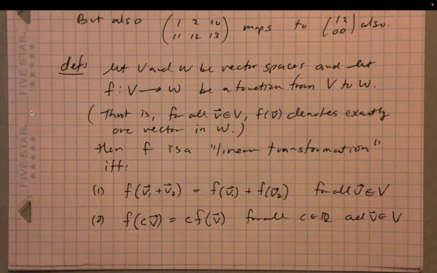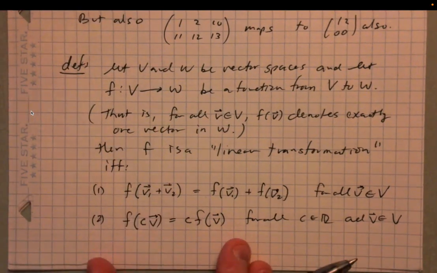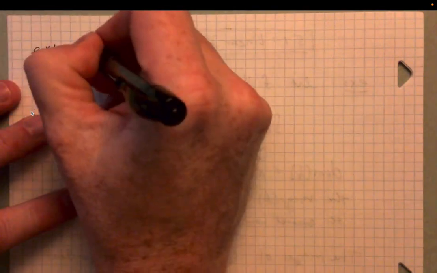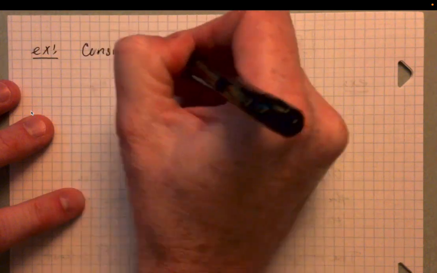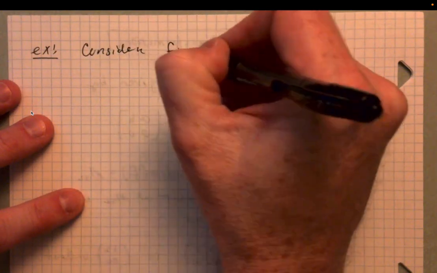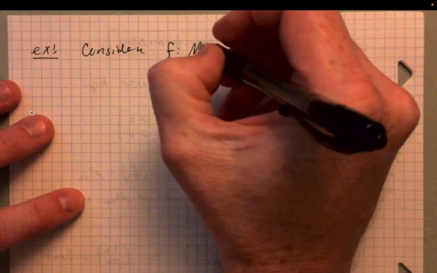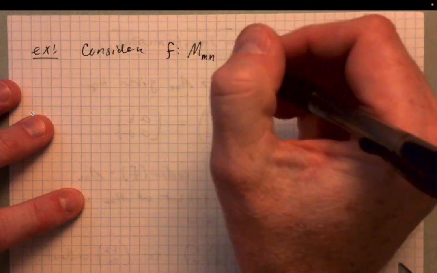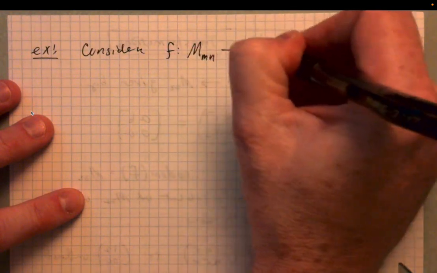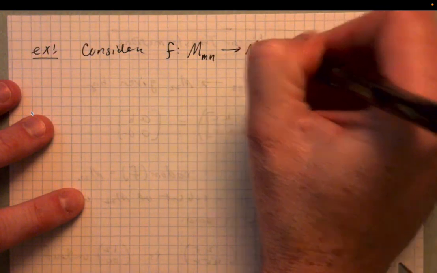Okay, so that's the definition. Now let's do some examples and make sure we can see how this manifests. Let's start with an example: F is a function from m by n matrices to n by m matrices.